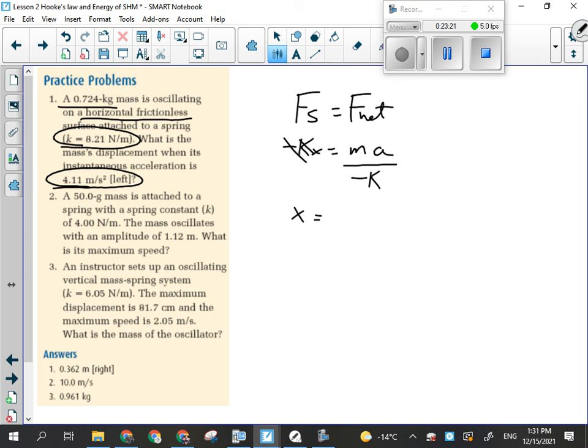So I'm going to have mass, which was 0.724, times the acceleration, 4.11, and that is to the left, so I'm going to make left negative, okay? And then it's going to be over negative 8.21.